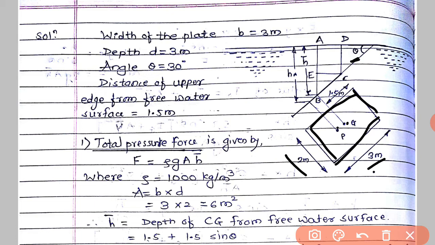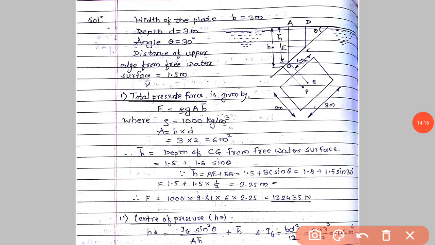The depth of the upper surface is also given, which is, actually, not 3 meter, it is given as 1.5 meter from the free liquid surface. Width will be here 2 meter, and depth of the rectangle is 3 meter, and this angle theta is 30 degree.